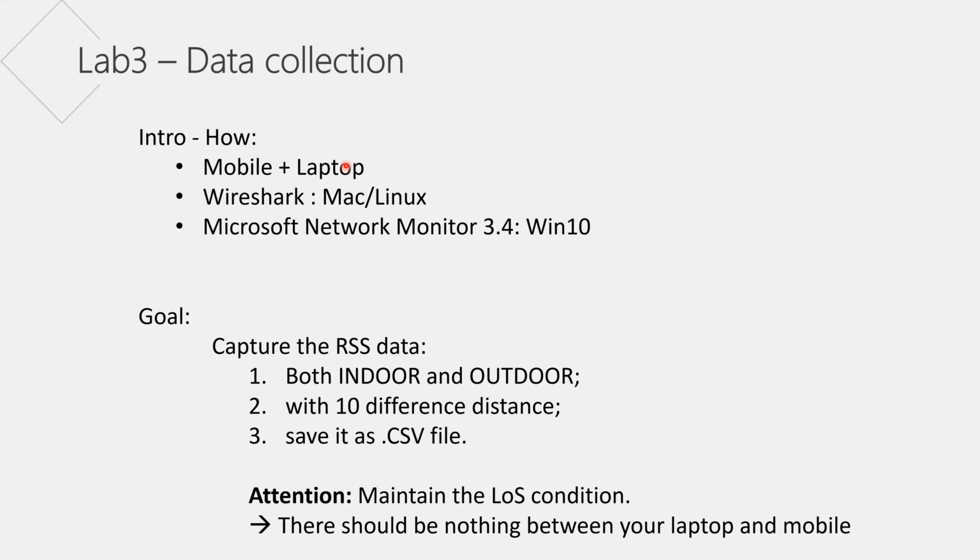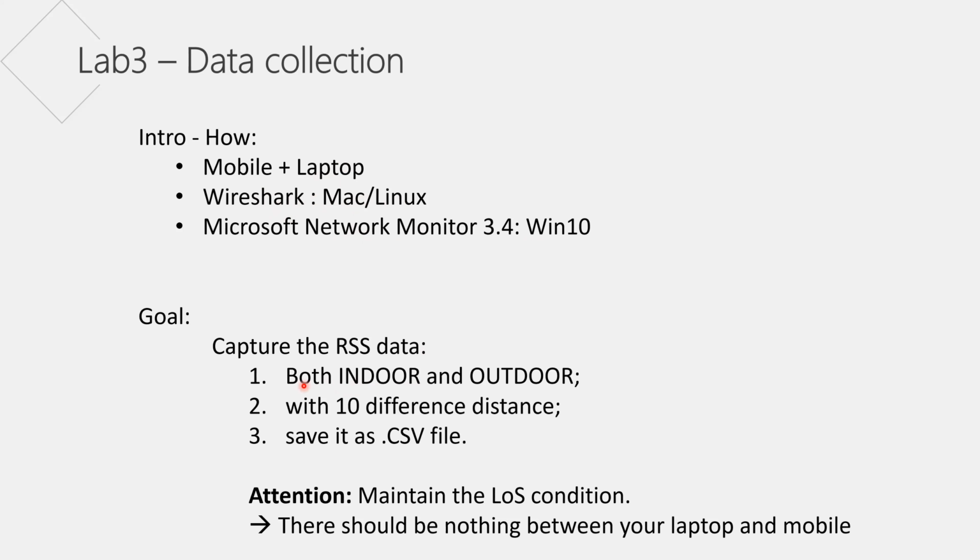Because we are going to capture our data outside, so you'd better have a laptop. If you are using Mac or Linux, you may require Wireshark. If you are using Windows 10, you may need to use Network Monitor to capture the packets.